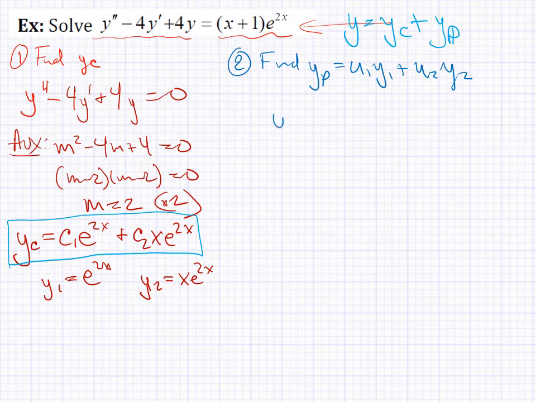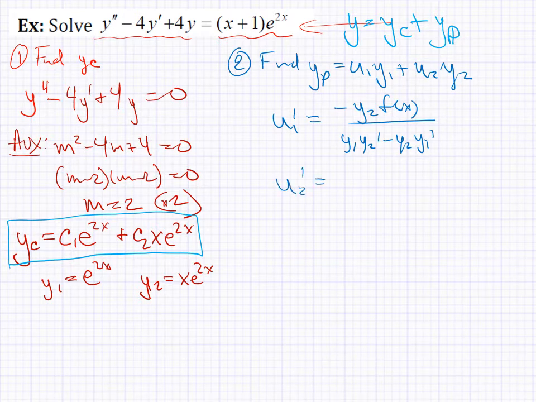Where we know that u1 prime should be equal to minus y2 f of x over y1 y2 prime minus y2 y1 prime. And u2 prime should be y1 f of x over the same denominator, y1 y2 prime minus y2 y1 prime. Okay.